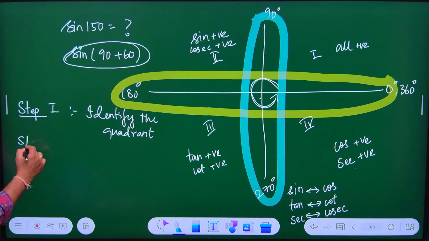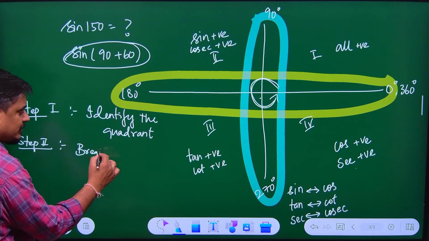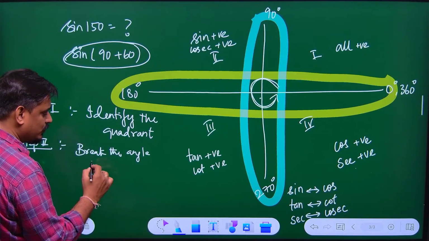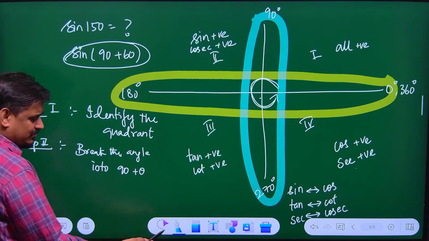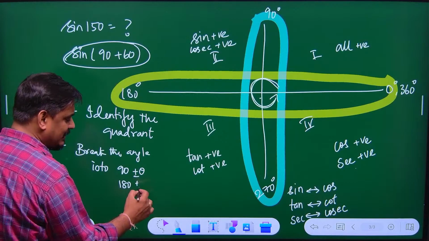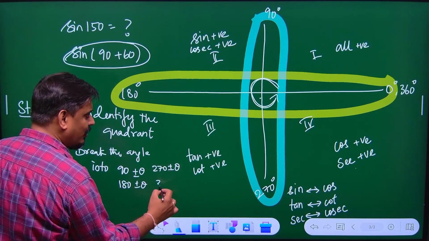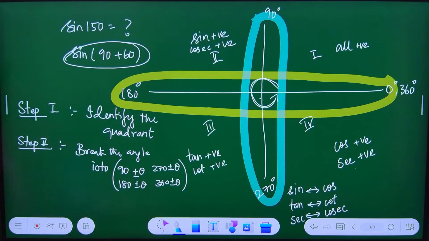Then comes the next step, step number 2. You have to break down the angle into 90 plus or minus theta, 180 plus or minus theta, 270 plus or minus theta, or 360 plus or minus theta format. Are you understanding?